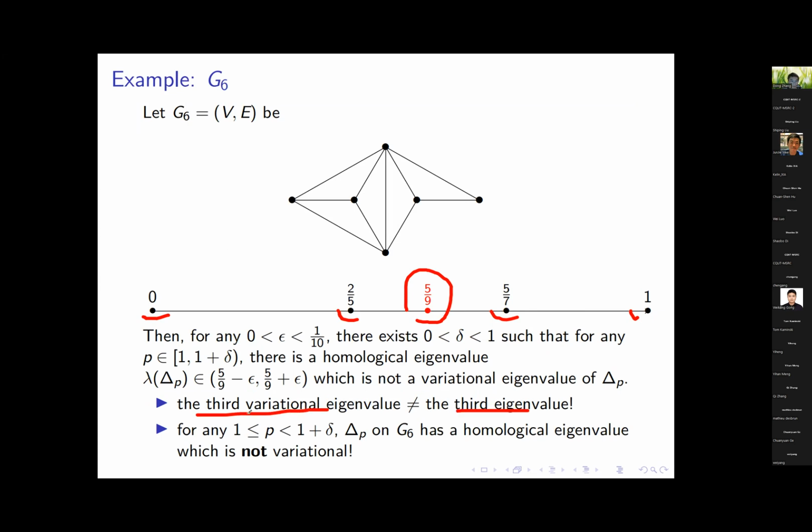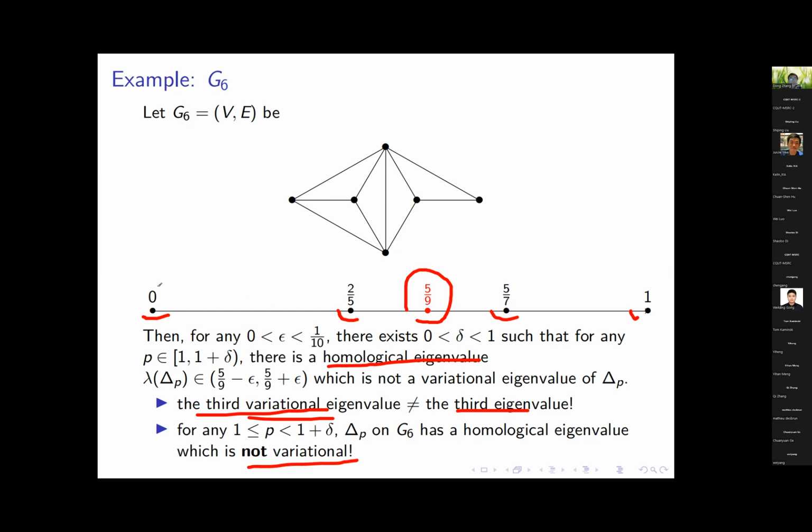And moreover, 5/9 is a homological eigenvalue. So by the stability of the homological eigenvalue, we know that for any p larger than or equal to 1 and less than 1 plus a small delta, the p-Laplacian on this graph has a homological eigenvalue near 5/9, which is not a variational eigenvalue.